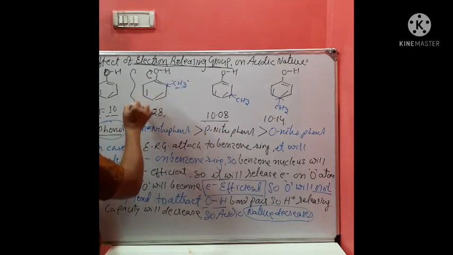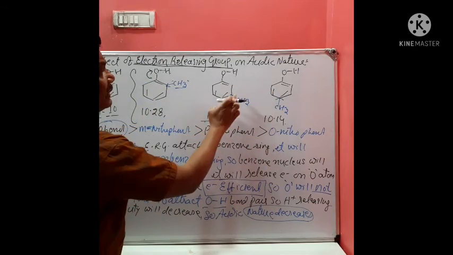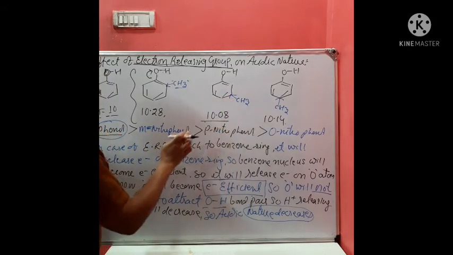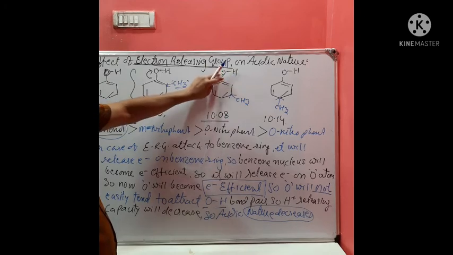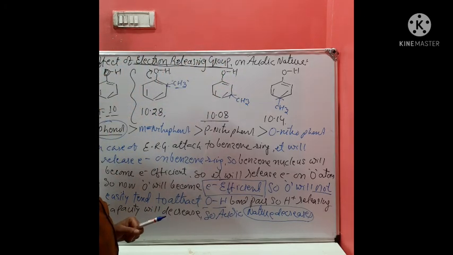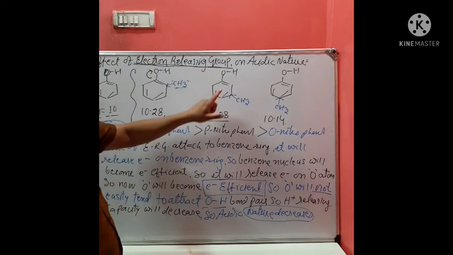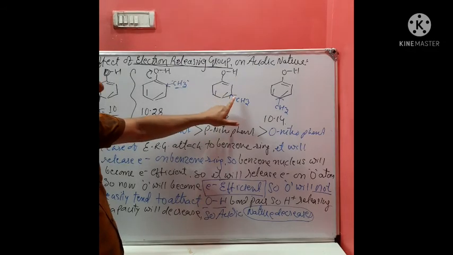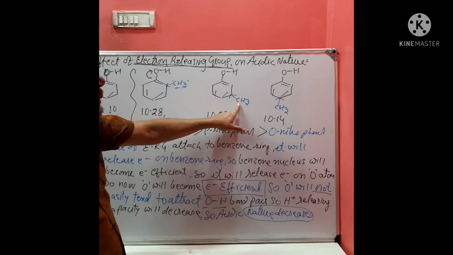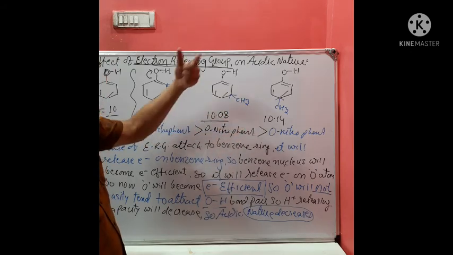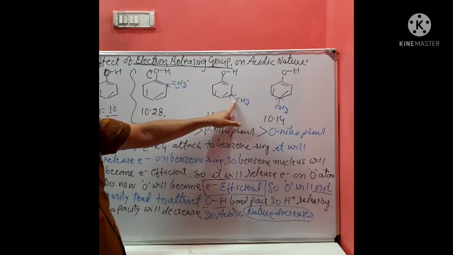That is, if we compare only 1, 2 and 3, the meta position is most acidic. This is because phenol shows ortho and para effect, it does not show meta effect. So if the electron releasing group is attached in the meta position, then it will not affect its nature, therefore it is most acidic in nature.